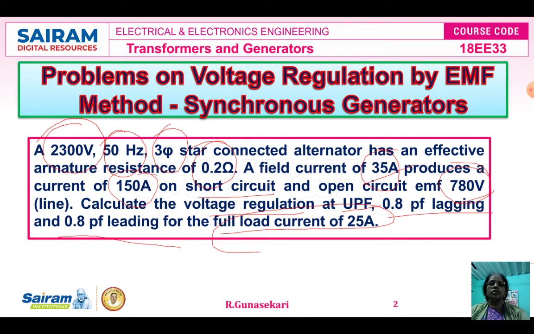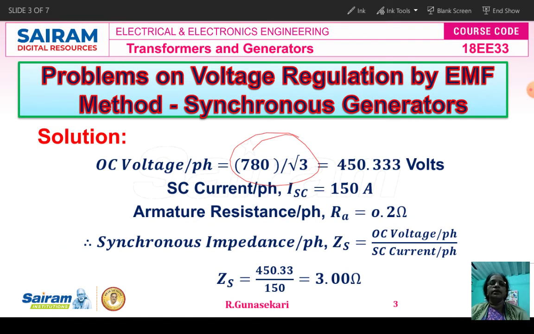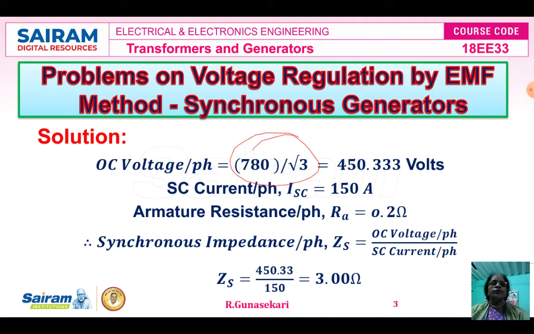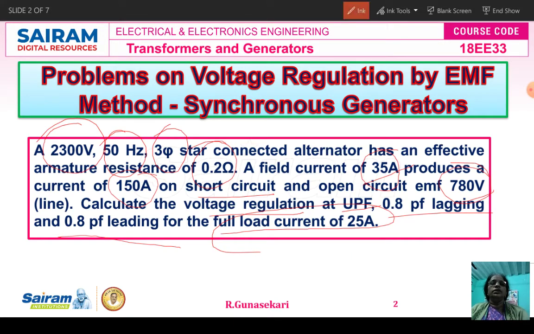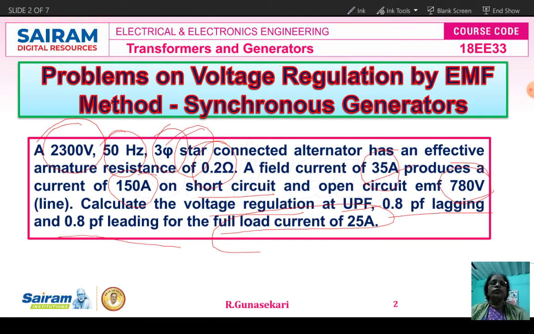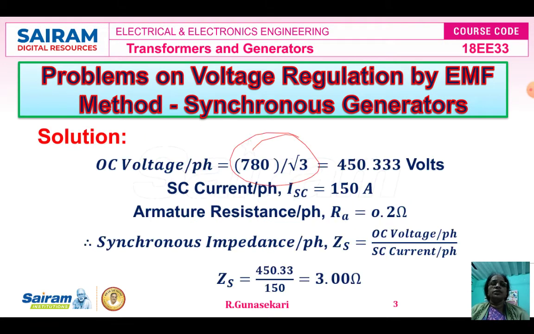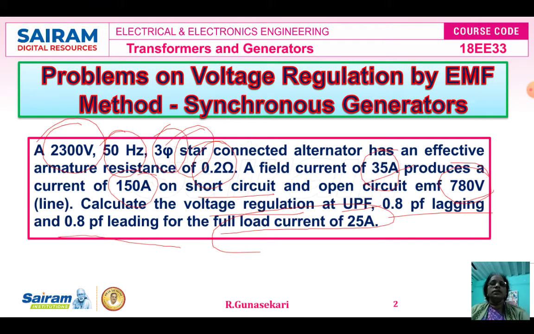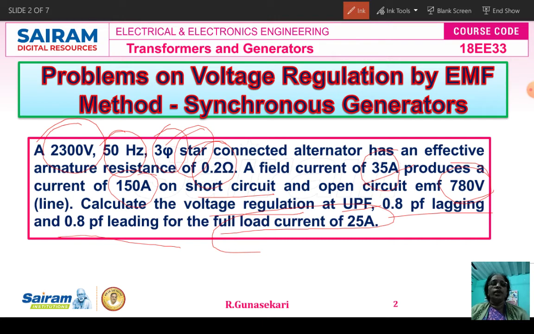In a star connection, the phase value V phase is equal to VL by root 3, where VL is the line voltage.